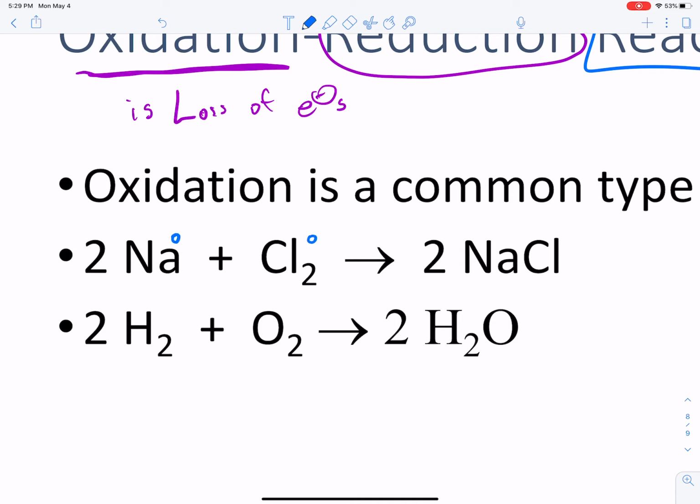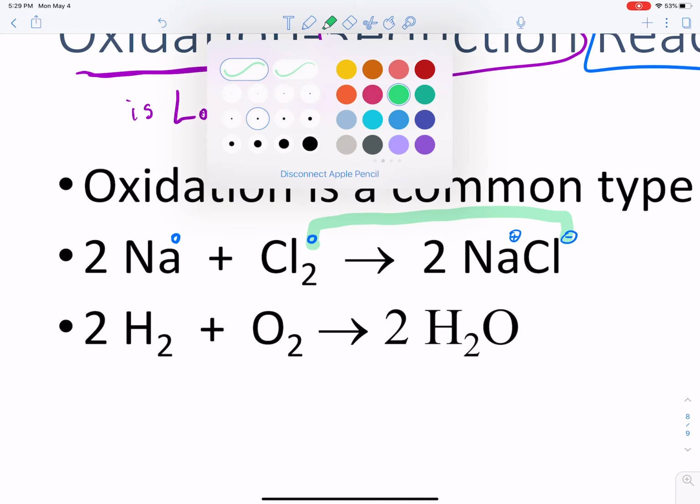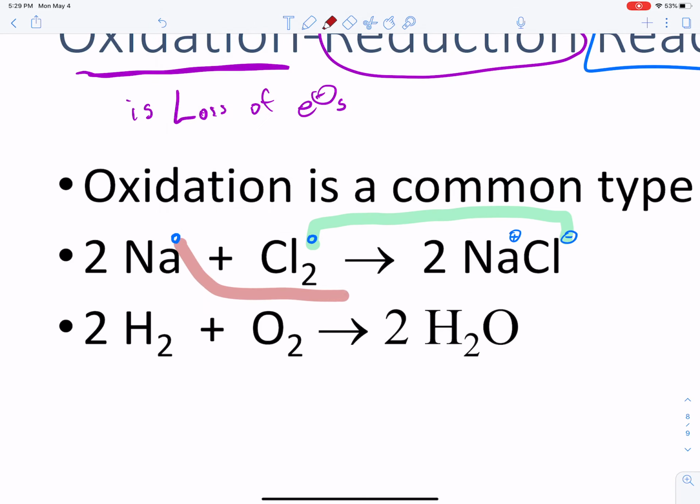But whenever we react them together, and you can look at this reaction on YouTube as sodium reacting with chlorine gas, we get an Na plus and a Cl minus. So when we connect the chlorines together, we see it goes negative, and when we connect the sodiums together, we see it goes positive.